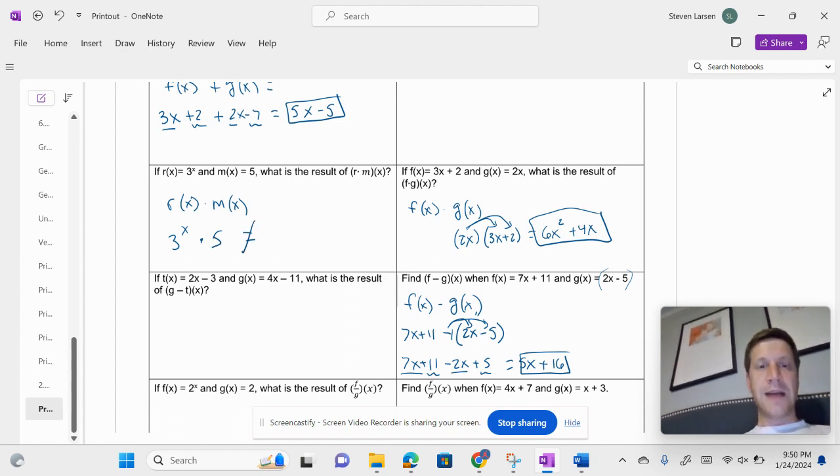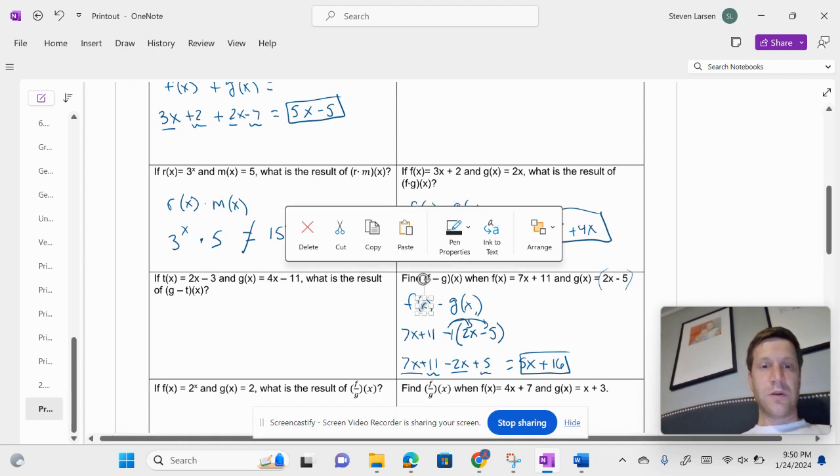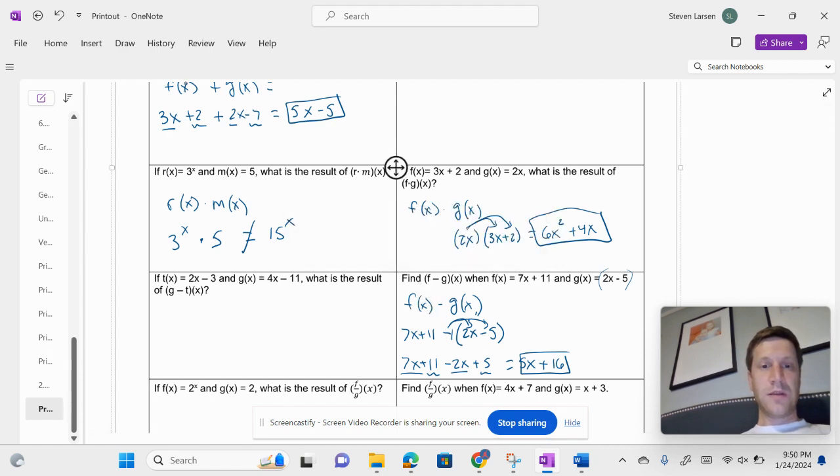This is not equal to 15 to the x. The exponent applies to 3 and only 3. Apparently I can scribble on things and it erases it. That's kind of cool. I'm going to put the 5 first. 5 times 3 to the x. If you want, you can put parentheses, but that's all we can do there.